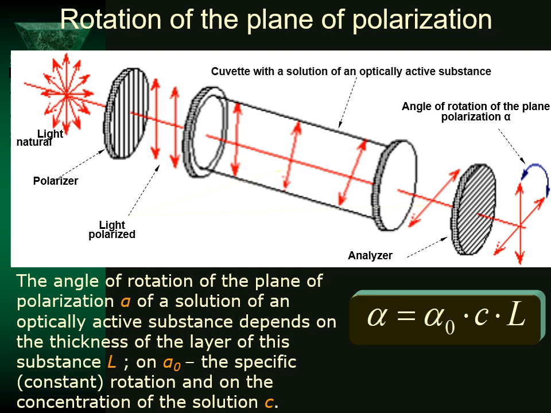And of course, the angle of rotation of the polarization plane depends on the so-called specific rotation. Specific rotation is a value that characterizes various optically active media. That is, for sugar alpha 0 is one value, for cinnabar, for example, it is another, for tartaric acids, the third, and so on.